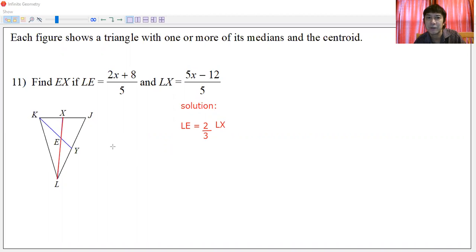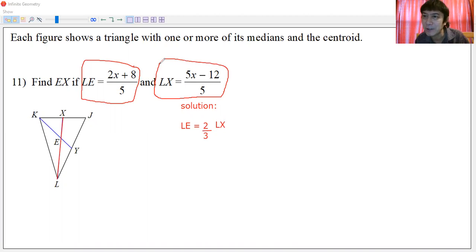So 2/3 of the entire length LX describes the longer segment of the median, which is the LE. So here's our working equation, because what we have as expressions are LE and LX. The EX, the shorter that is required, is not there, so we will have to solve for the other segments.